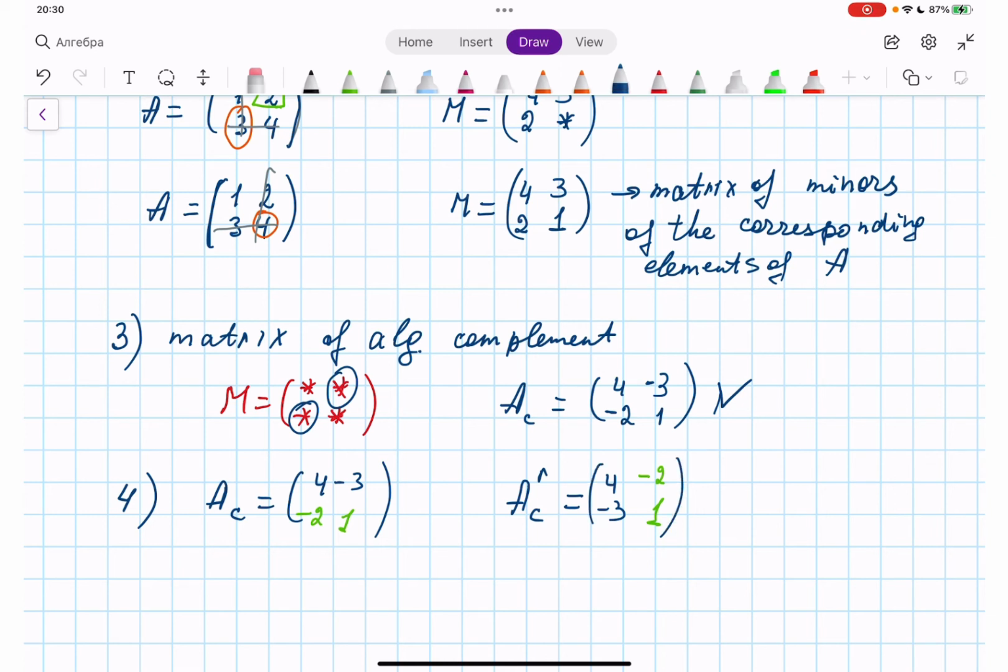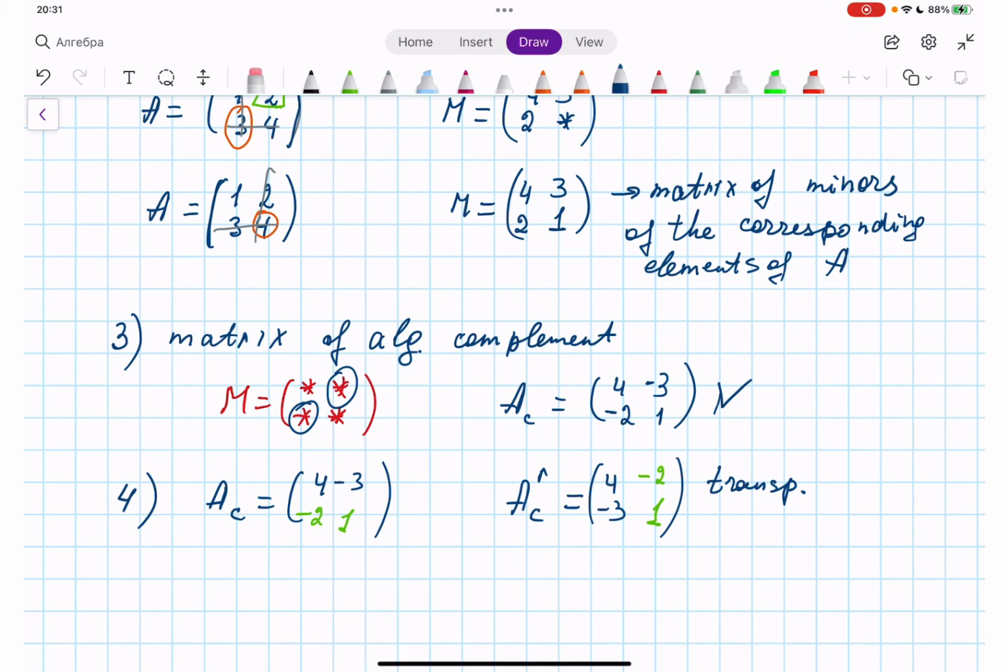Okay, so this is the transposed matrix of algebraic complements of the corresponding elements of matrix A. So we have prepared all elements. We've found our determinant. We found the transposed matrix of the complement.